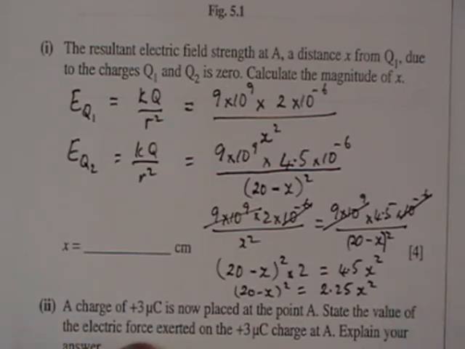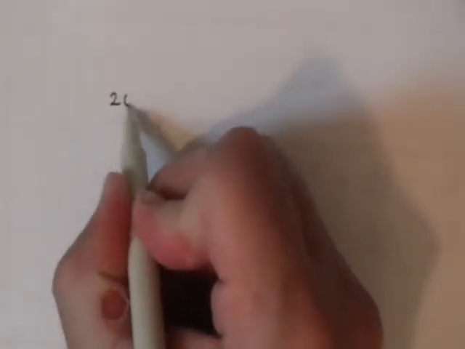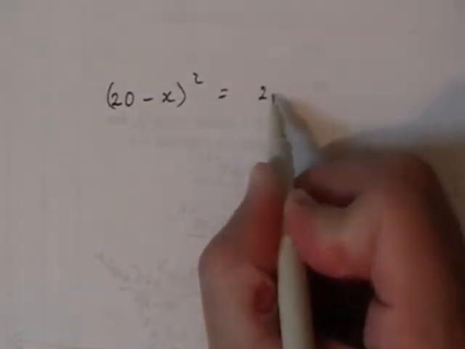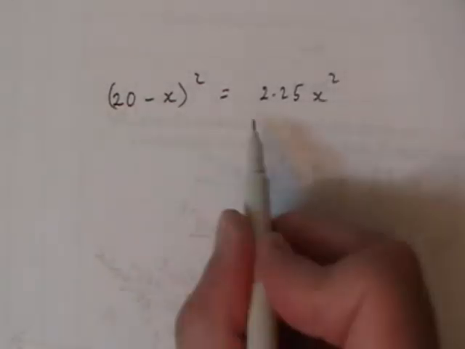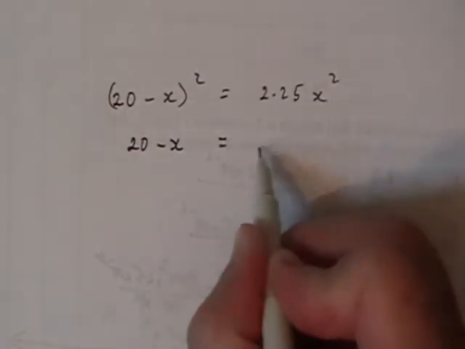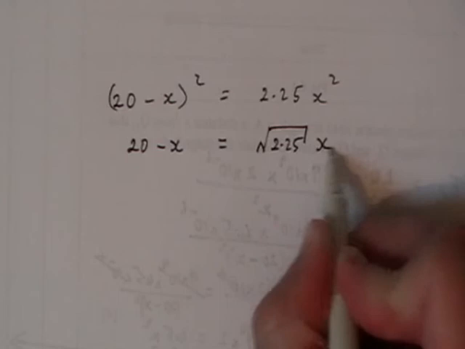Now we can take the square root of that. So I have 20 minus x all squared equal to 2.25 x squared. Taking the square root of both sides, I get 20 minus x equal to the square root of 2.25 times x.